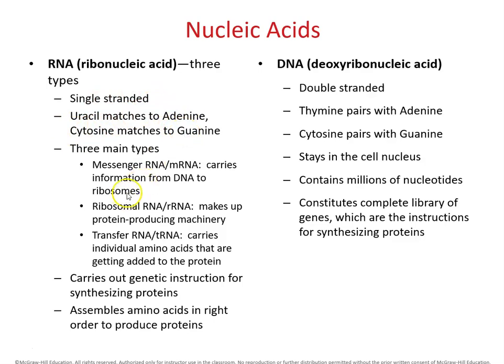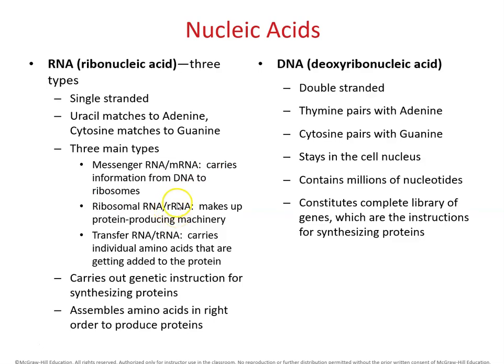We actually have 3 different types of RNA. Okay, there's messenger RNA, and that's what we normally picture when we think of RNA. And this carries information from the DNA in the nucleus to the ribosomes in the cytosol, where proteins get made. Our ribosomes themselves are actually made of a big chunk of RNA. So we have rRNA, or ribosomal RNA.